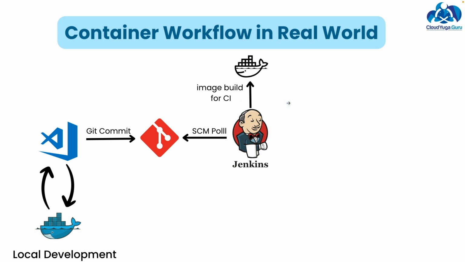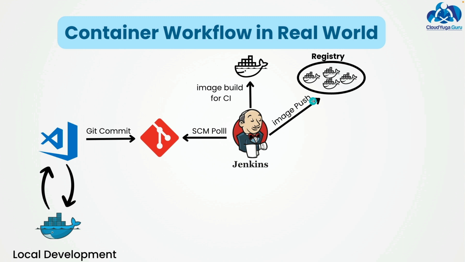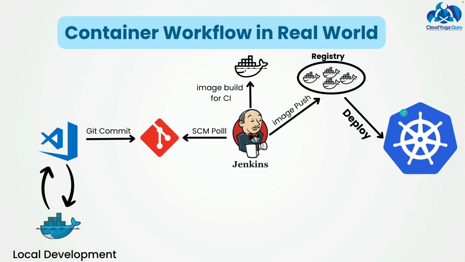Once our CI process completes, we can take our container images and push them into a container registry like DockerHub. Then these images can be pulled via deployment tools like Kubernetes and run the applications from them. So this is how a real world workflow with containers looks like.